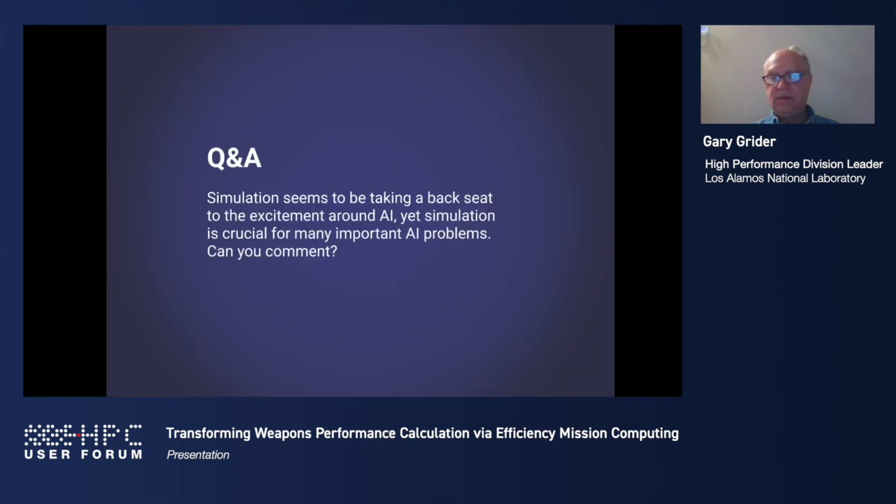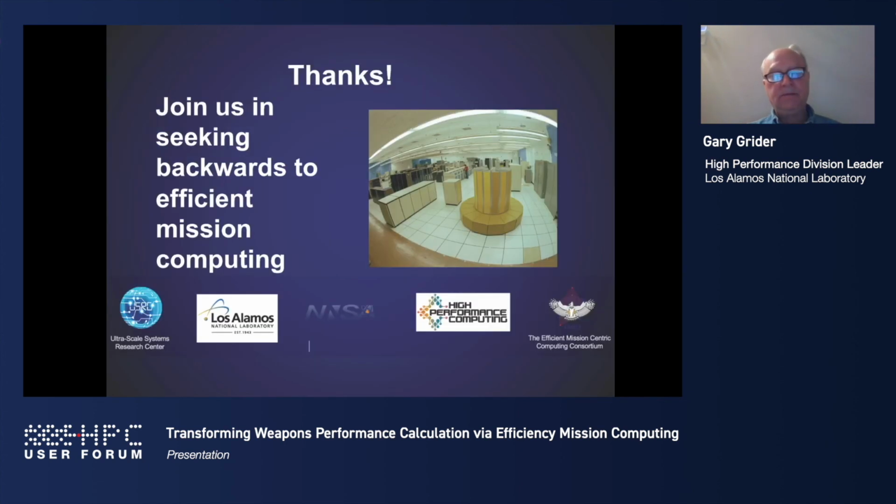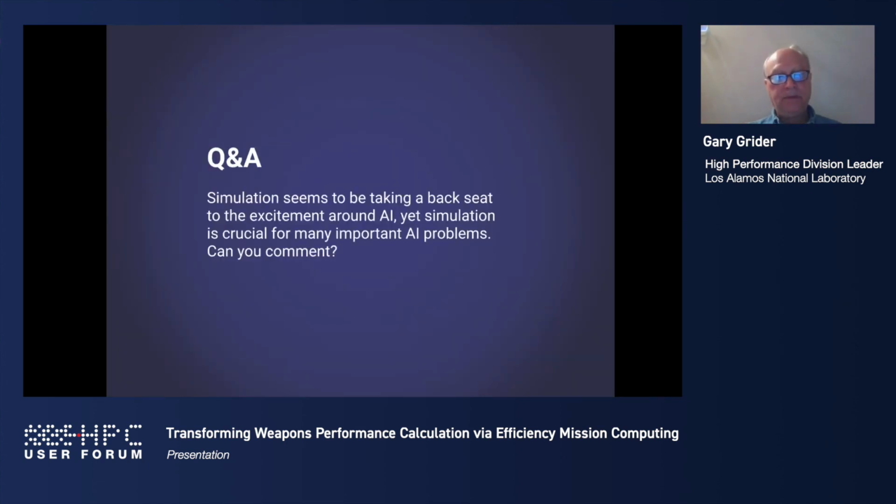And finally, there's a question and answer, a question that was provided by Hyperion, and they wanted me to comment on this, and so I will. They basically said simulation seems to be taking a back seat to the excitement around AI, yet simulation is crucial for many important AI problems. Can you comment?